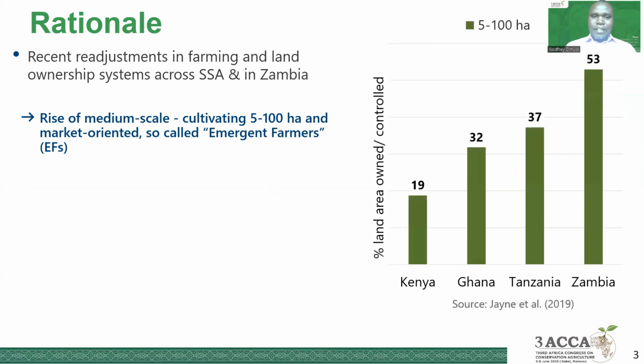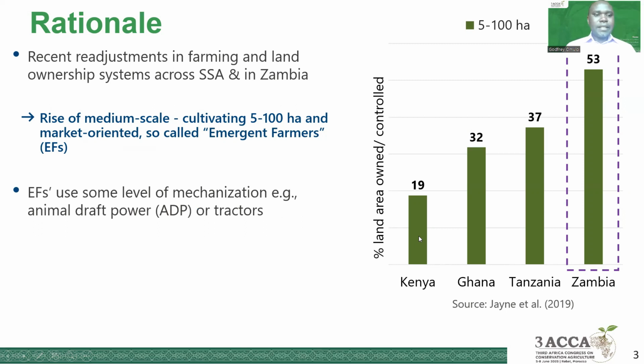And these medium-scale farmers, as is also in other countries across sub-Saharan Africa, tend to cultivate relatively larger pieces of land, so between 5 to 100 hectares, and they produce for the market. Besides, they also employ some level of mechanization, either animal draft power or tractor and associated implements.